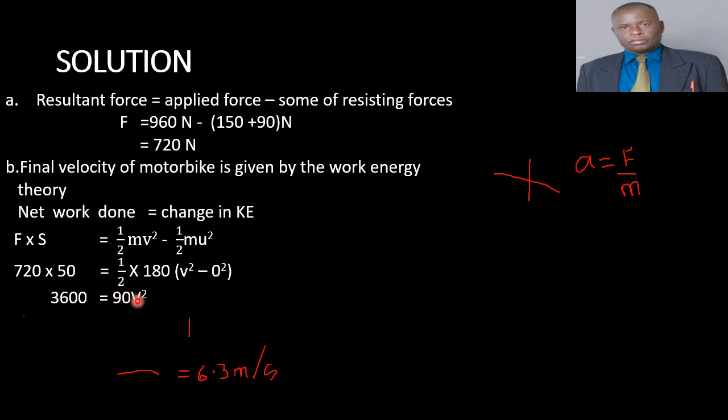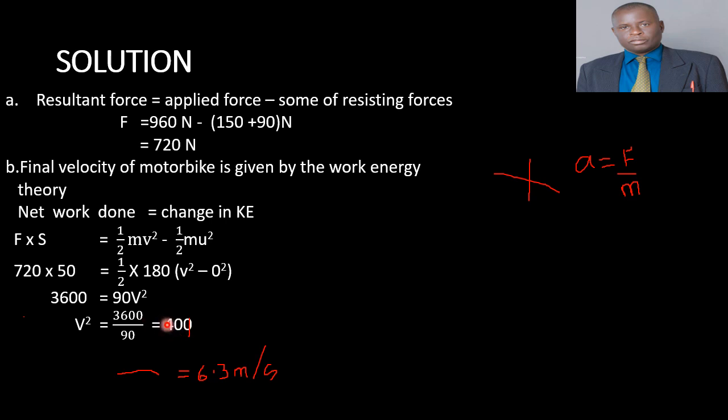3,600 is equal to 90. Half of 80 is 90. Check that this is in order again. All right. So solving for v, you actually see that this should be for the check here.